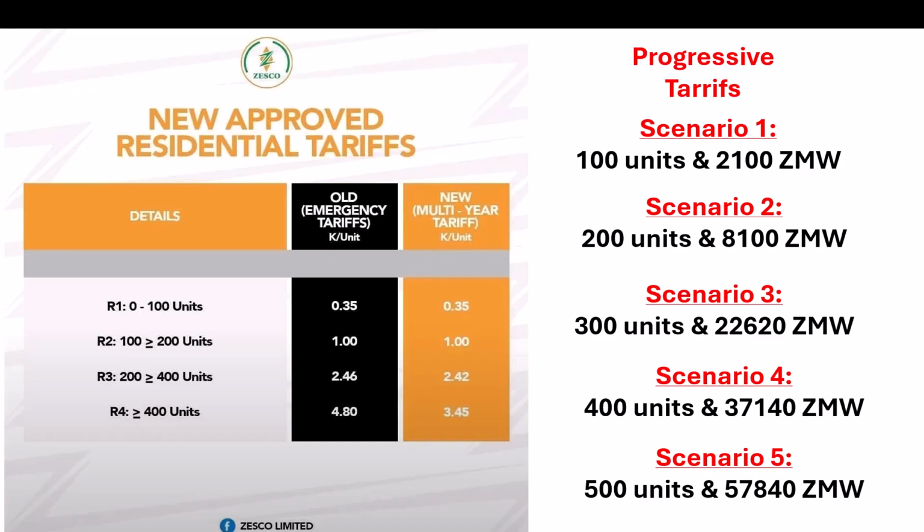In these scenarios, we look at 600 units per month, 700 units per month, 800 units per month, 900 units per month, and 1,000 units per month. A household that consumed those scenarios.